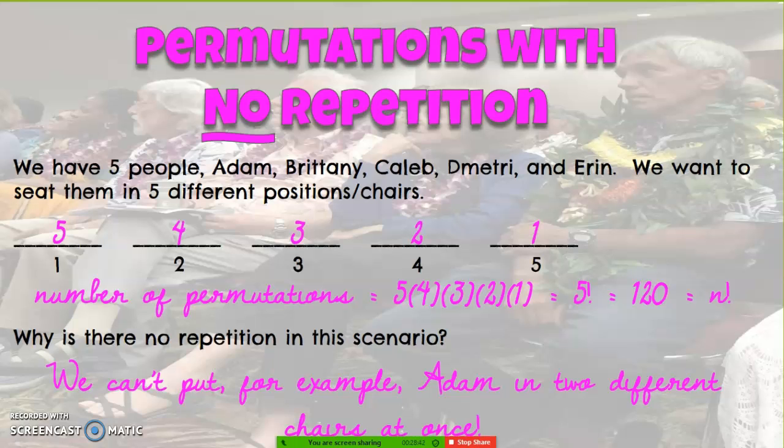I'm going to stop the video here because we are almost to the 15-minute mark. I'm going to pick up in the next video where we left off here with permutations, and then we're going to go on and discuss combinations. So we're going to discuss permutations some more, and then we're going to discuss combinations.